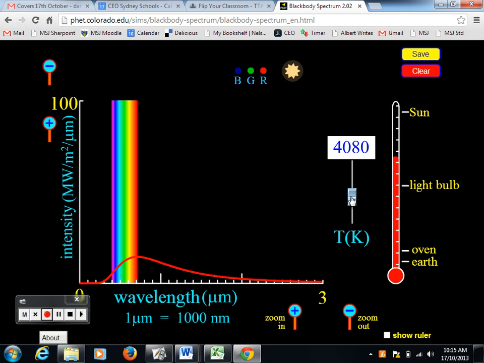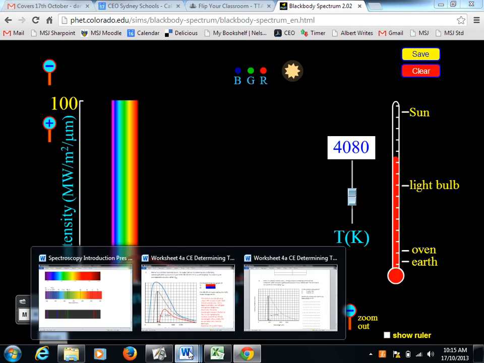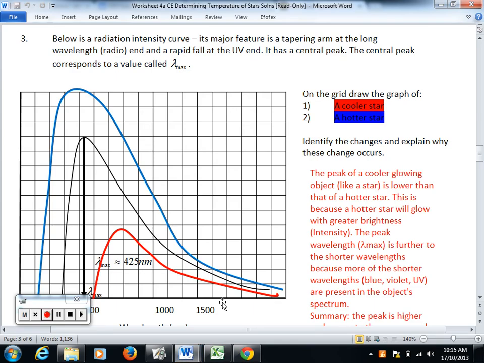So the two things that happen are that a cooler star, here is the star that we're talking about, the one that's written in front of you in question 3. It says below is a radiation curve and its major feature is the tapering long end, and then a rapid fall at the UV end.